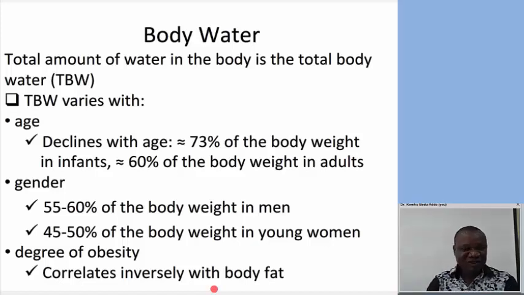Now, if we take an organism, a certain percentage of its weight is made up of water. And the total amount of water in the body is referred to as the total body water.